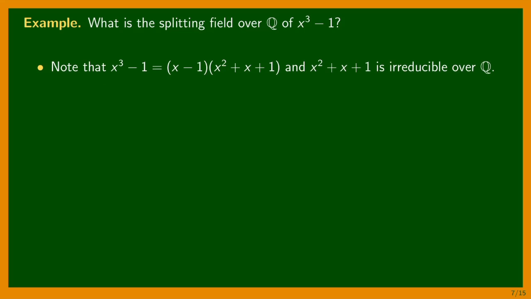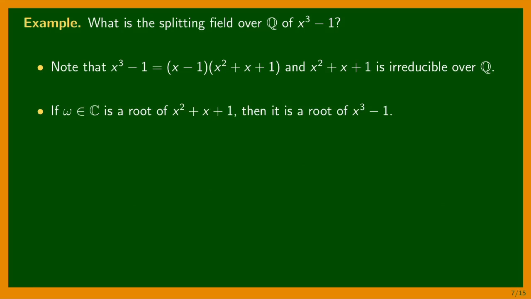Ang gagawin nyo, isa-solve nyo yung mga roots na ito. Equate nyo sa 0. Pwede kang gumamit ng quadratic formula. Makikita nyo, pag ginamitan yung quadratic formula, imaginary or complex ang mga roots na ito. Okay? Well, hindi naman kailangan i-solve.